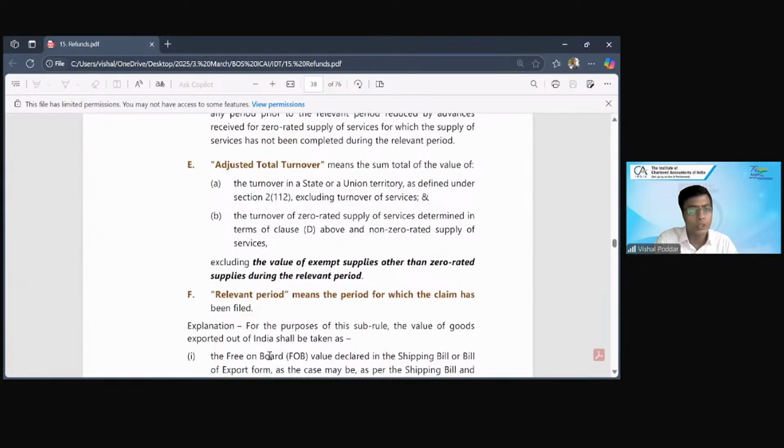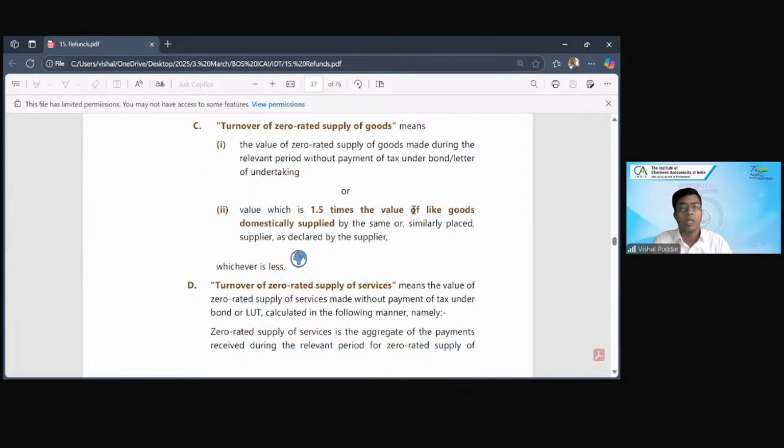There is a question Jyoti is asking: sir, if domestically they are not selling these goods, or selling defective goods at a lower price, then also do we need to consider the same? That is why, Jyoti, they have said that when you are taking this 1.5 times here, either it will be the goods supplied by you, that is the same supplier, or by any other supplier who is similarly placed.